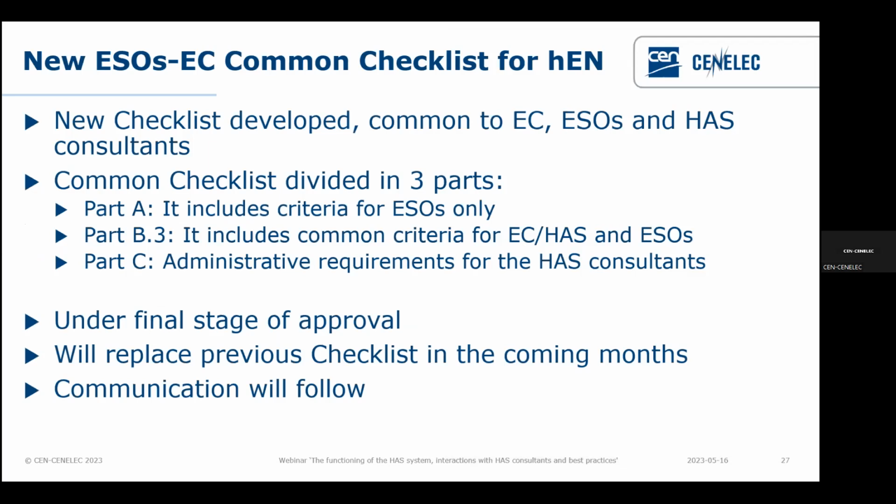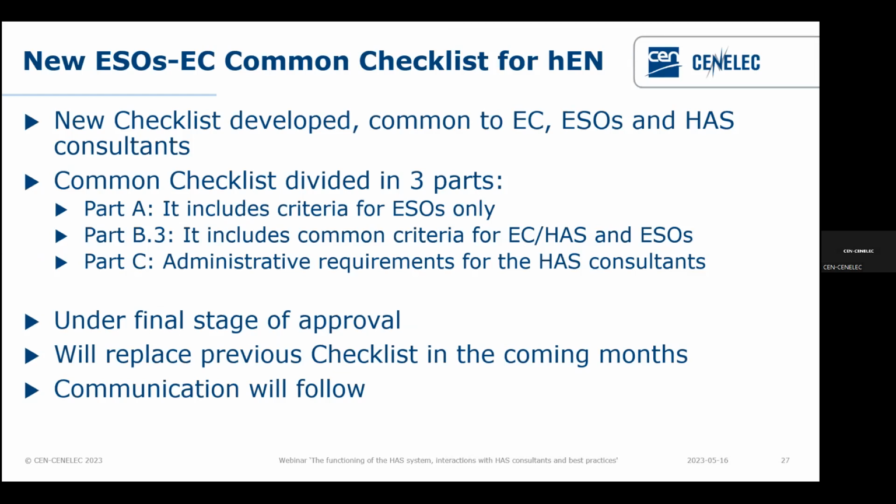Now, to make sure that everybody talks the same language, a new checklist has been developed. This new common checklist has been developed together with the European Commission and the ESOs. The goal is to have the same checklist used by the ESOs, so CEN, CENELEC, and ETSI, the HAS consultants, and the European Commission.